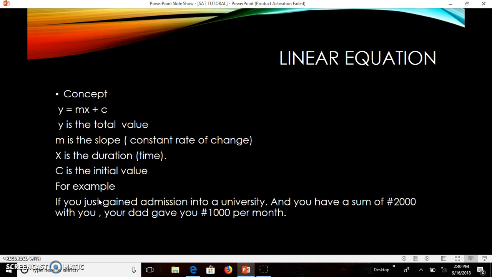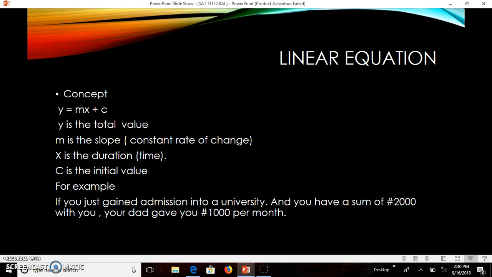Now, let me use a practical example. Let's say you just gained admission into a university and you have a sum of 2,000 naira with you. Probably you're working or you're saving, it's your money. Then let's say your dad gives you 1,000 naira per month, and he continues to give you 1,000 naira per month.